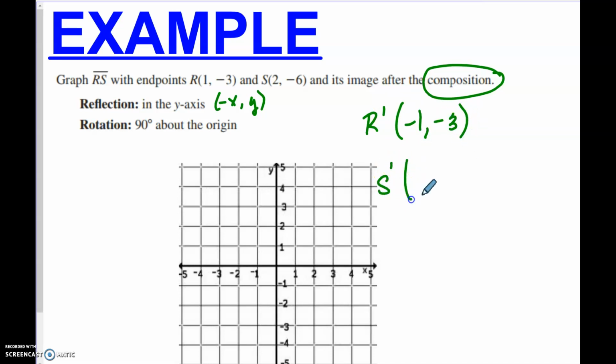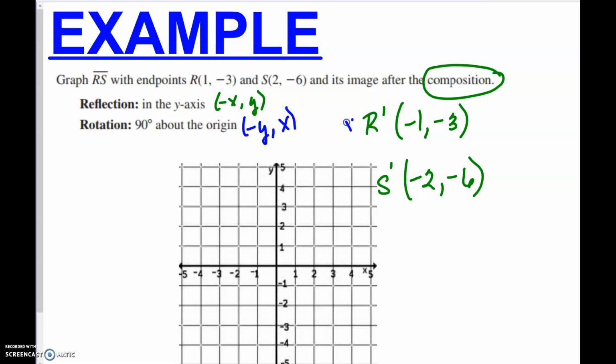S prime is going to be the opposite of x, and y stays the same. So that's your reflection. Now the rotation around the 90 degree is going to be that we're going to do the opposite of y and then x.